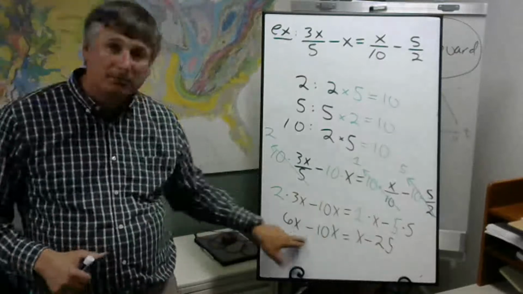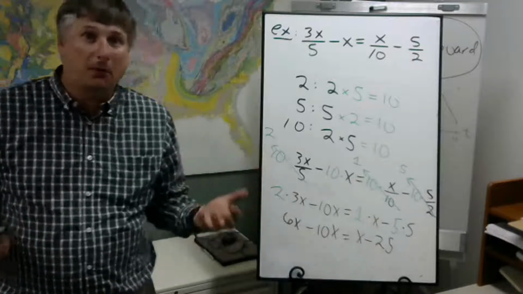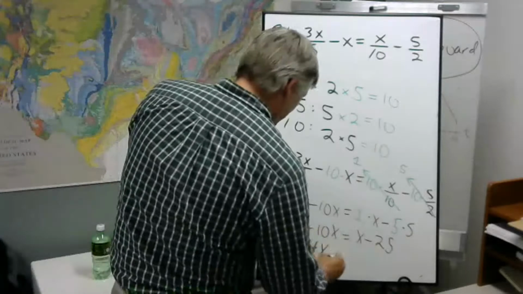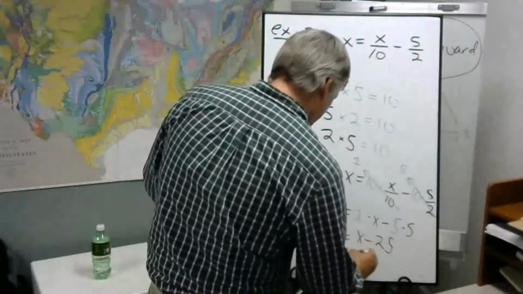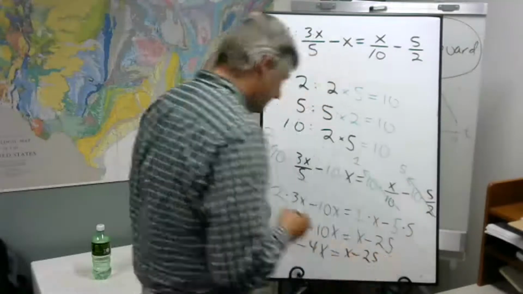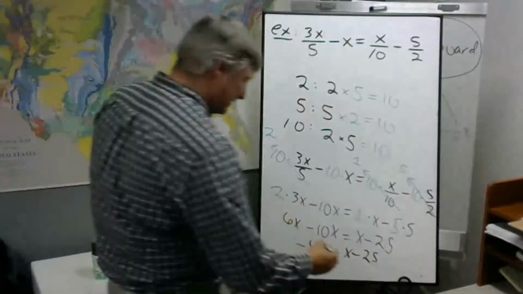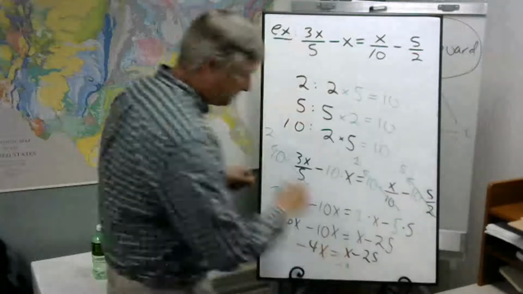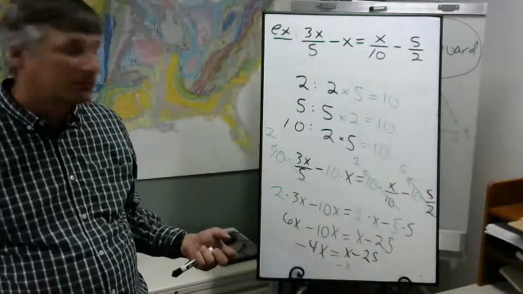Now these we can combine: 6 x's and we lose 10 x's, so we're in debt 4 x's. So that's minus 4x. And then we have x minus 25. And we want to get the x's on the same side. So let's cancel this x, adding an x. The opposite would be subtracting an x, just like you do with a number.